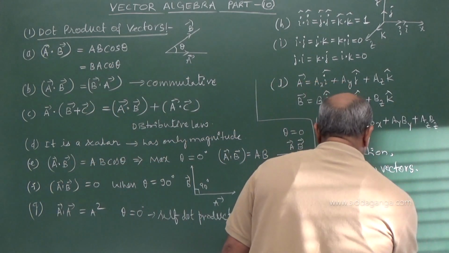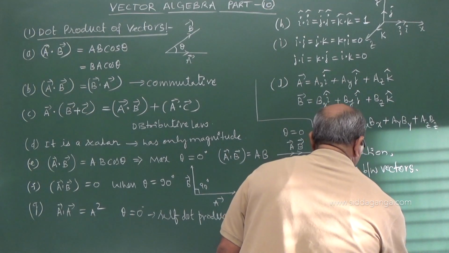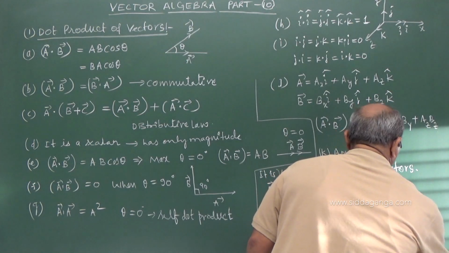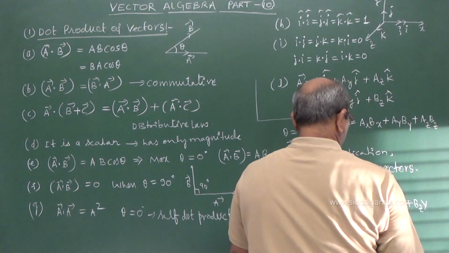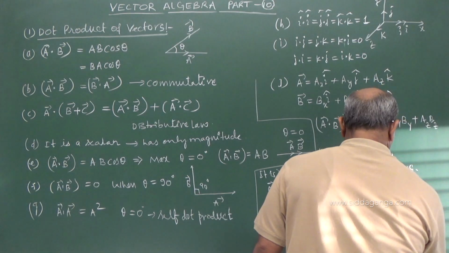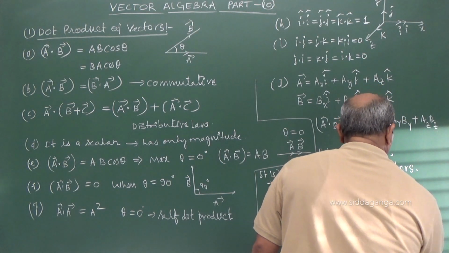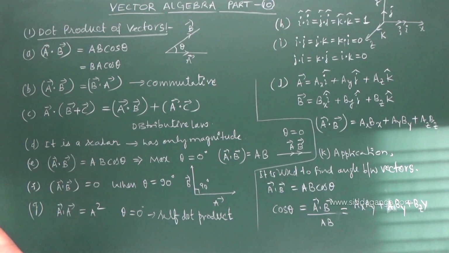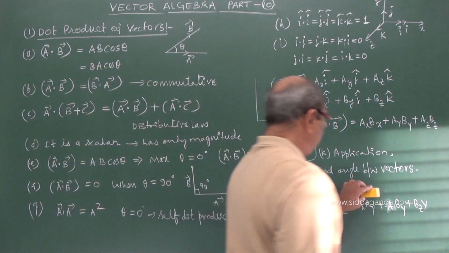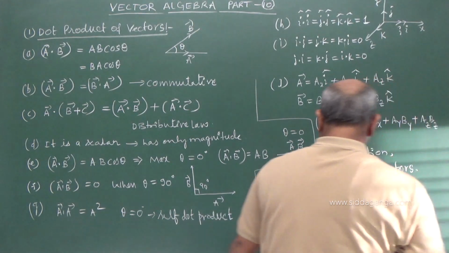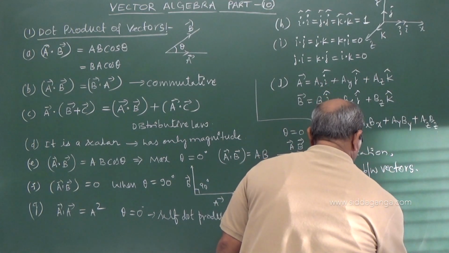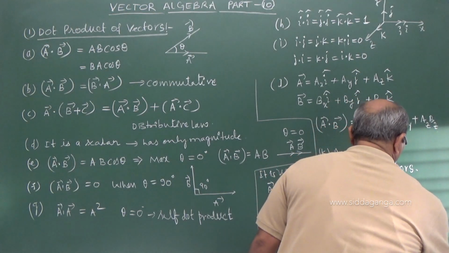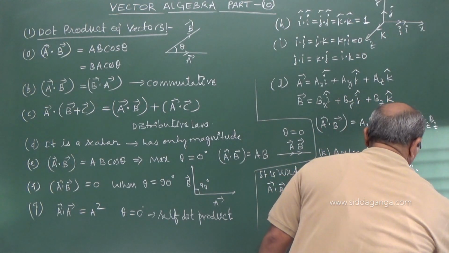So here, A dot B is AX BX plus AY BY plus AZ BZ.